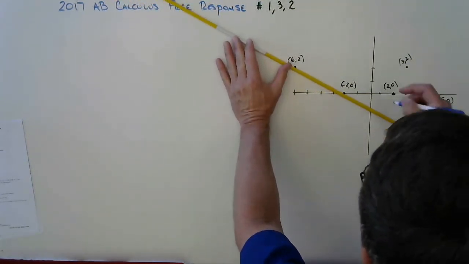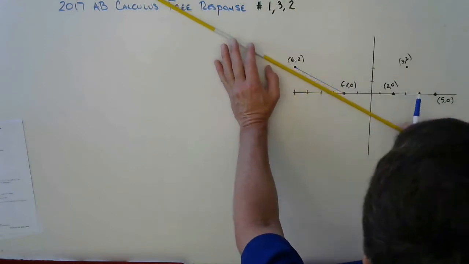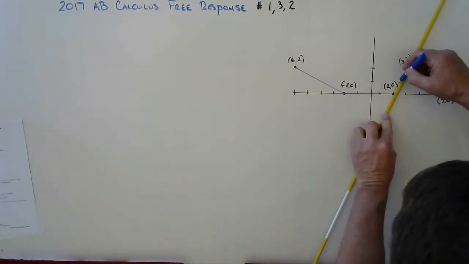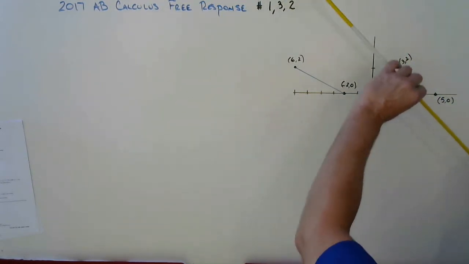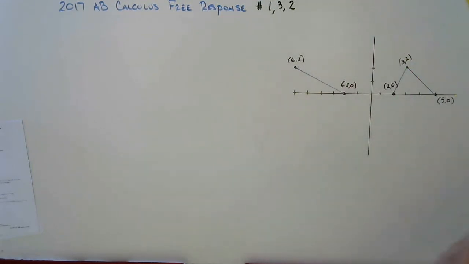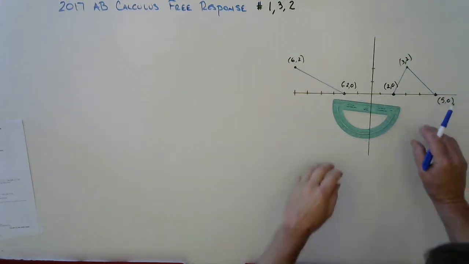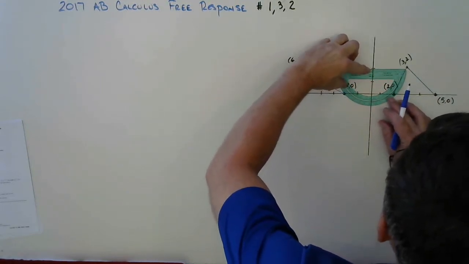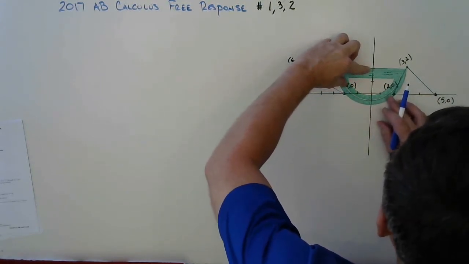So we have a line segment here, a line segment here, and a line segment here. And then down here, this might be a circle, but at least it'll be a curve.